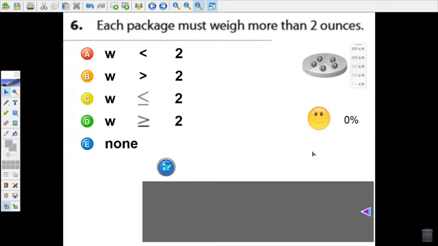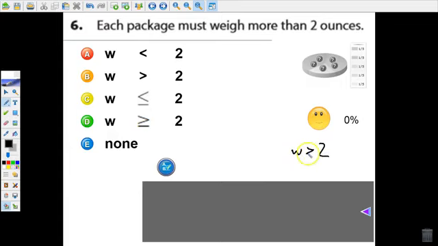Okay. Last one. Each package must weigh more than 2 ounces. Must weigh more than. Everybody should know what this means. So we get W is more than 2, because the weight, W, is more than 2. Okay?